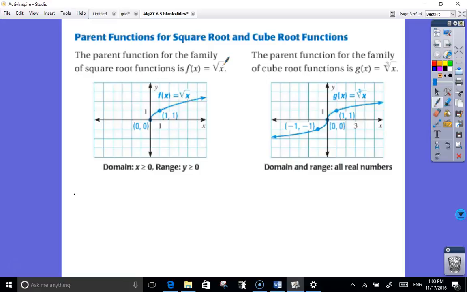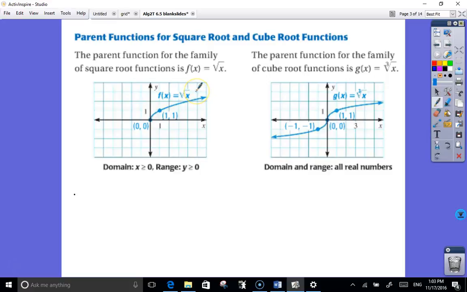So we have to only have x values that are greater than or equal to 0. And because we assume that the square root is the positive square root, then we can only have y values that are greater than or equal to 0. That's why it starts at (0, 0) and just goes up into the first quadrant.